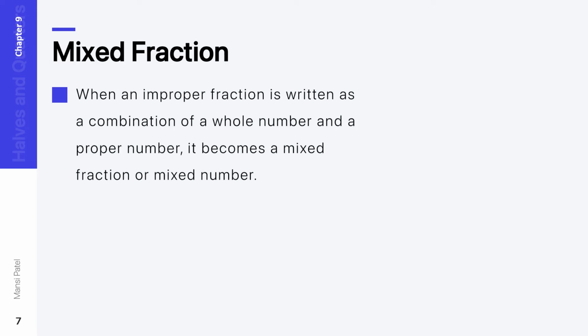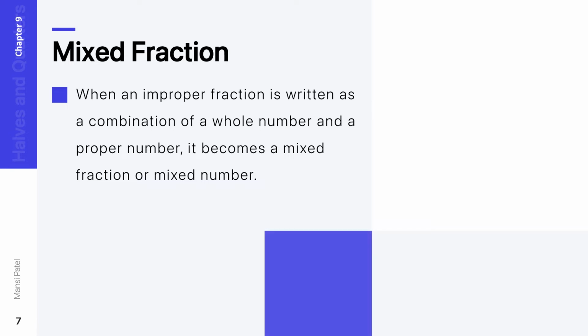Let us see another type, that is the mixed fraction. What is the meaning of mixed fraction? When an improper fraction is written as a combination of a whole number and a proper fraction, it becomes a mixed fraction, or we can say it's a mixed number.